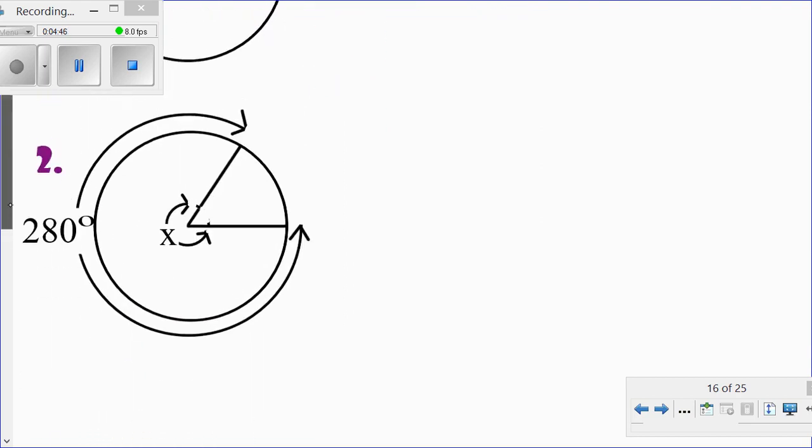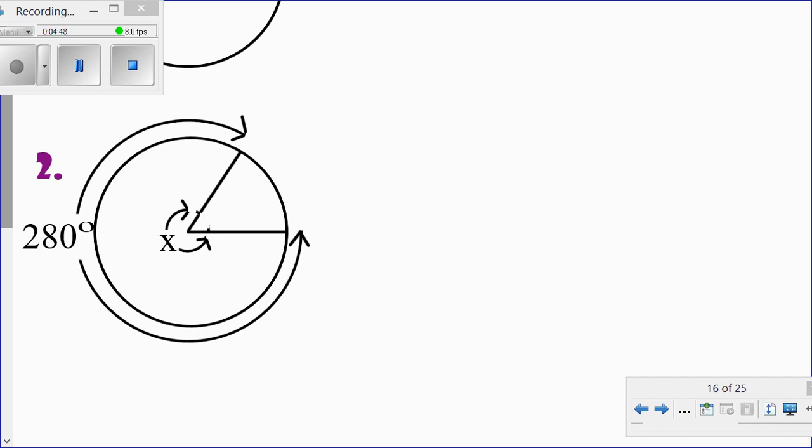Let's make sure you understand what's happening in this diagram. It's showing that the angle x is what we're looking for, and that's everything except for the central angle.